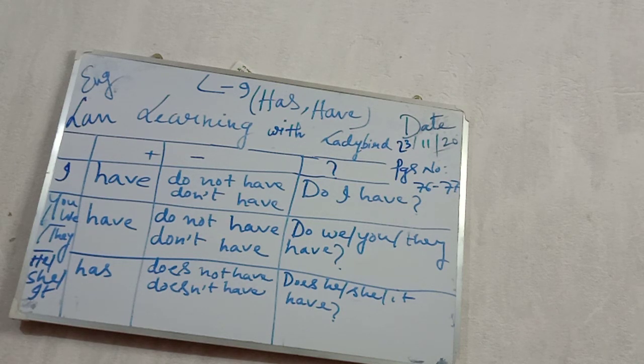Now come to the examples. Read the first example from our book. Pictures are provided so that we can see what she has and what he doesn't have. Now let us read.